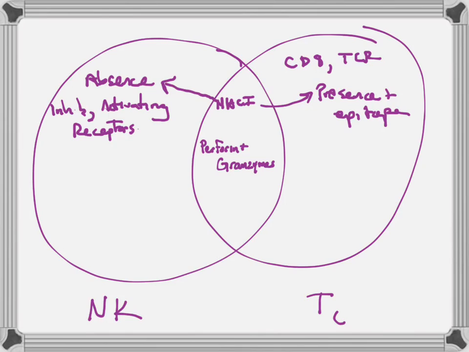So adaptive is oftentimes specific to a particular antigen or to a particular epitope. Which of these is specific to an epitope? TCs, B cells, and T helper are all part of the adaptive immune response. T helper and B cells.